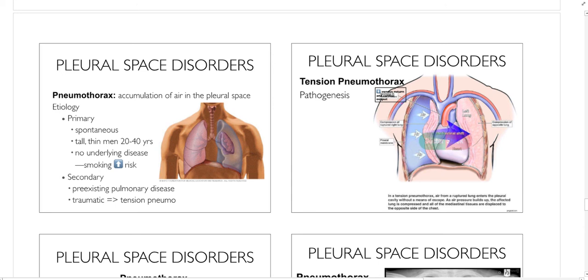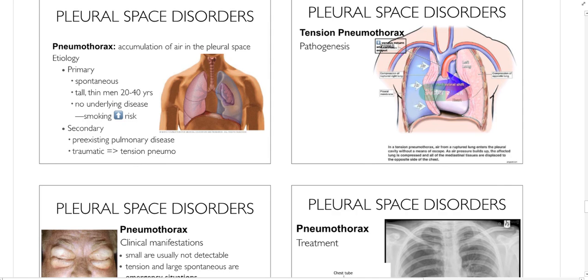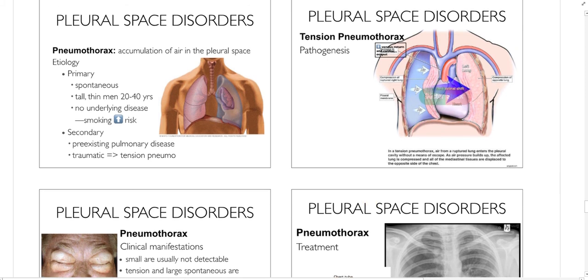They may pass out and go into cardiac arrest from just simply not being able to have cardiac output or even lung oxygen transport in the lung at all. The definitive mechanism to fix that is going to be making a little tiny hole right there with a needle, letting the air out.